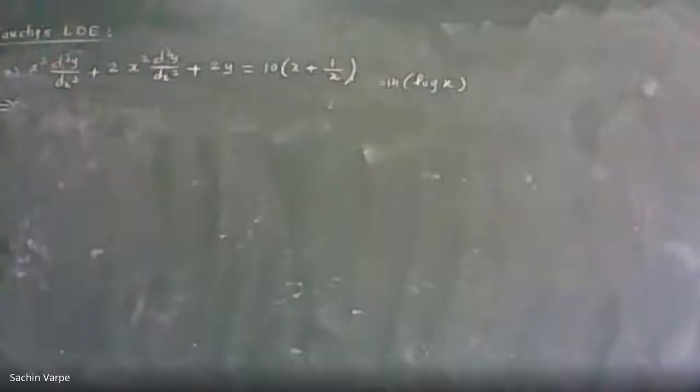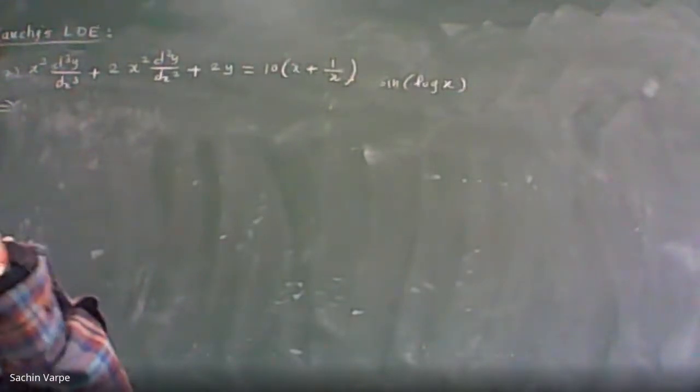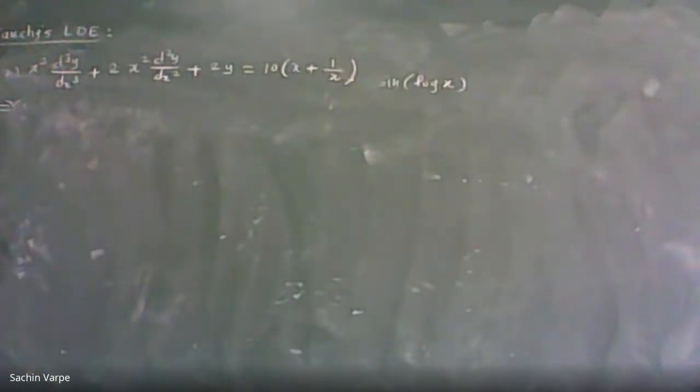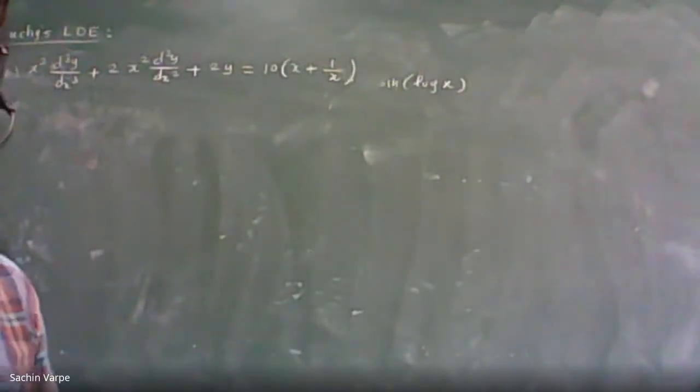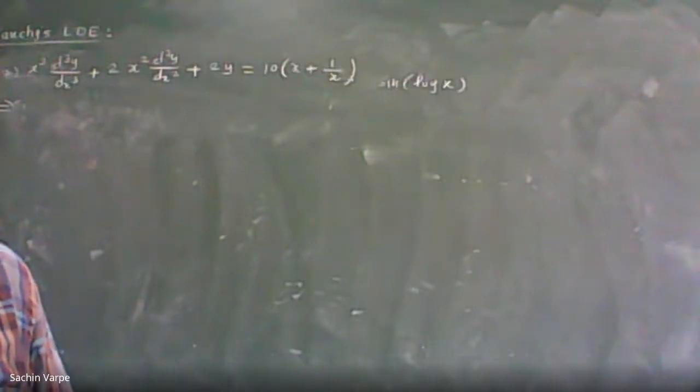Okay. So what is the main thing in Cauchy's linear differential equation? How to investigate whether it is Cauchy's or something else? How to check the given differential equation is Cauchy's? Sir, RHS would be a function of z, no?